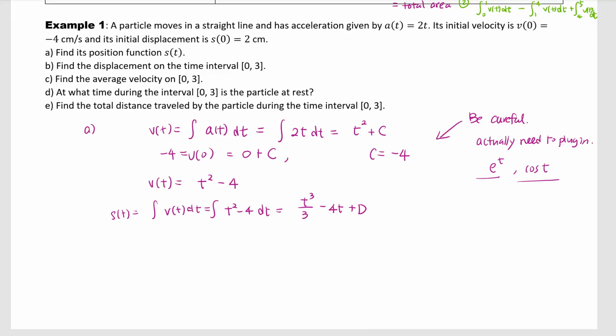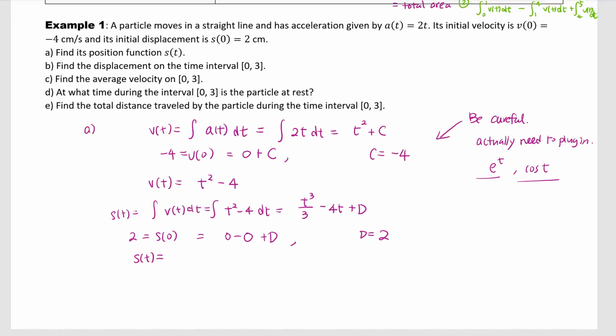And how do we solve for d? We plug in the initial displacement, which is 2. So when t is 0, we get 0 minus 0 plus d, and d equals 2. So remember, you actually need to plug in. D is not automatically the initial displacement, so be careful with that.